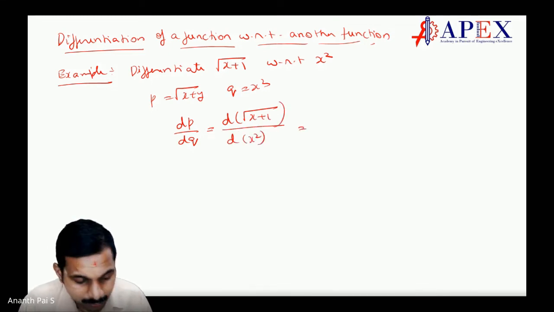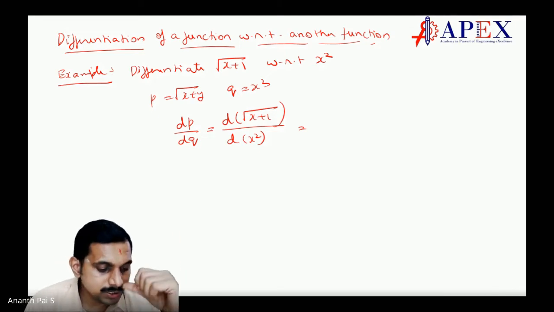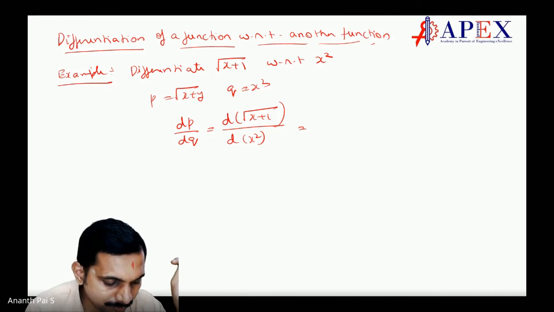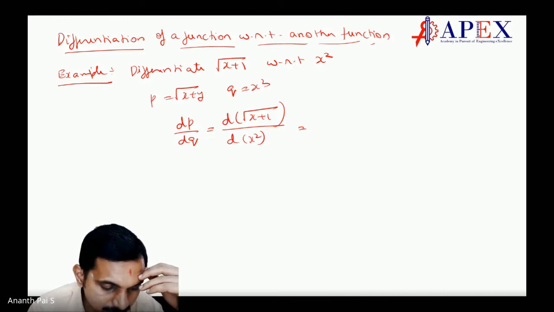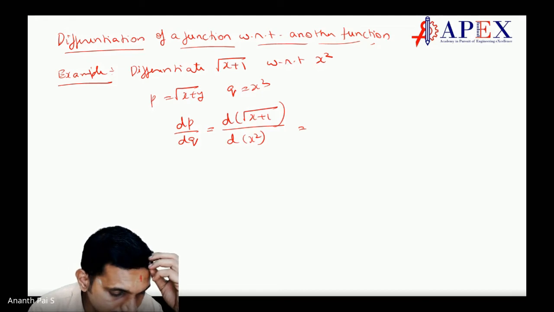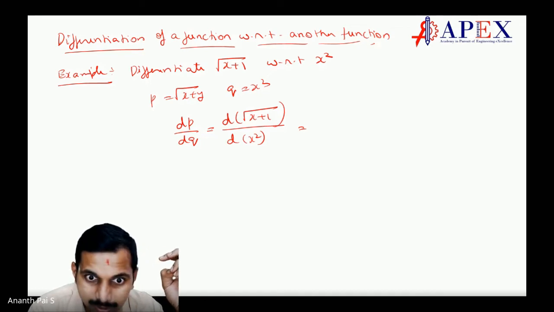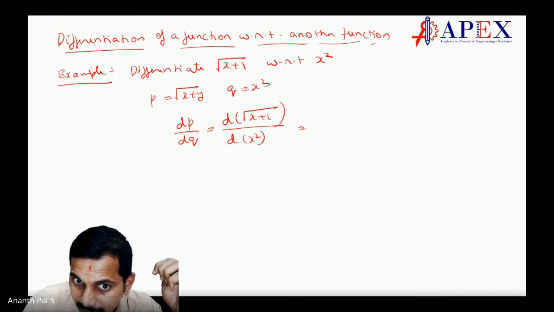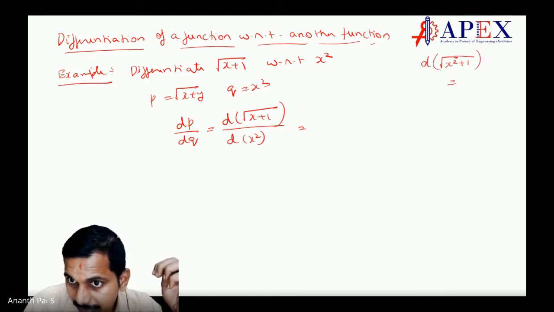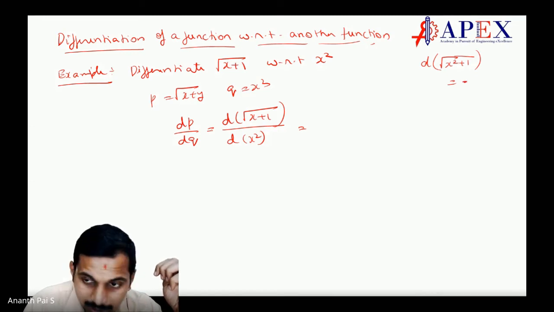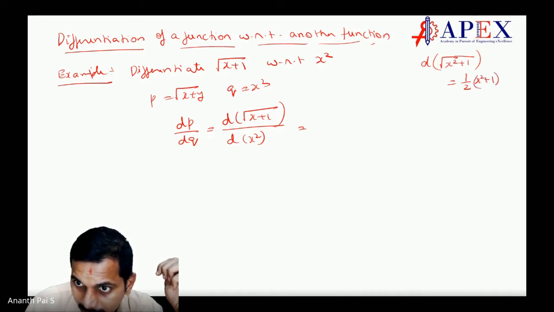So when you differentiate this, how will you get it? You have to differentiate the numerator first. The derivative of square root of x plus 1 is half into x plus 1 raised to minus half.